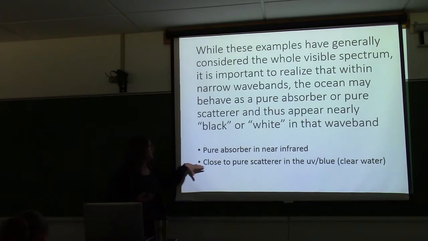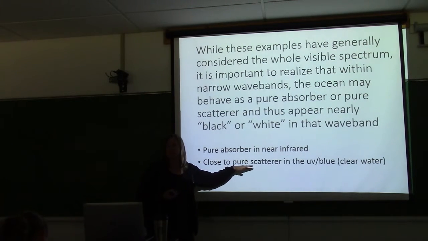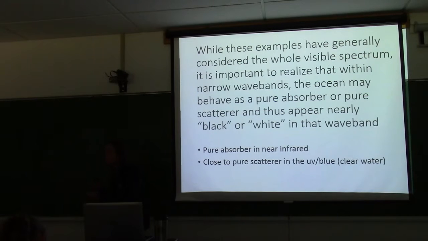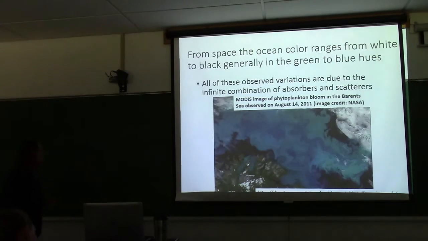And so you can begin to play some interesting theoretical games by going to certain wave bands and making these approximations. And that can help you understand if your data are good, understand if your models are predictive, by picking these wave bands and recognizing that you can take it to these extremes. Okay? All right.